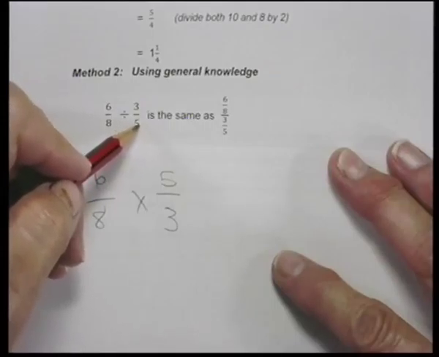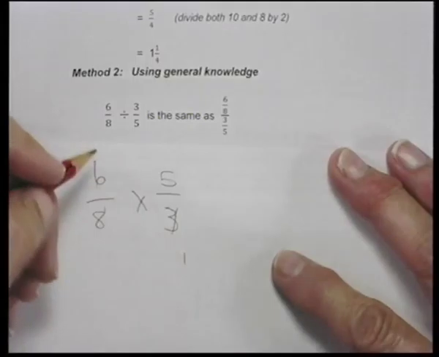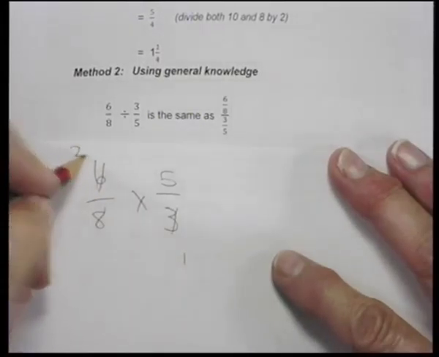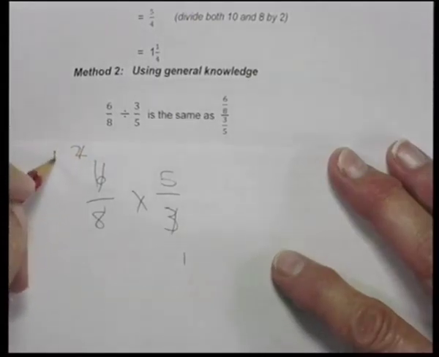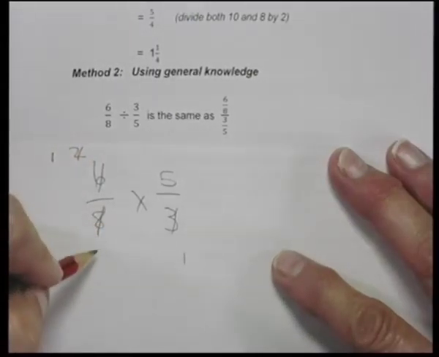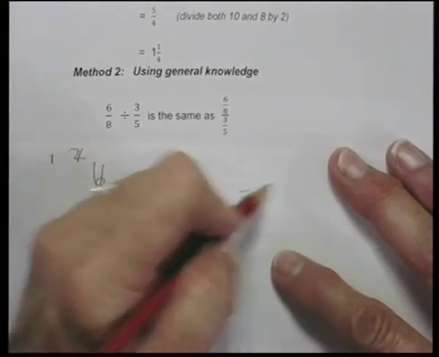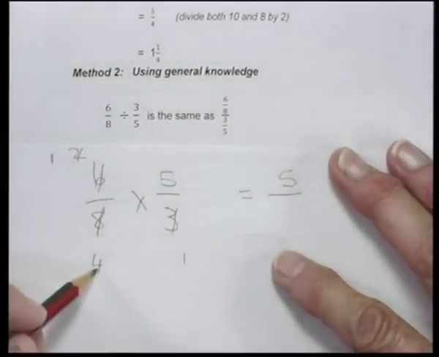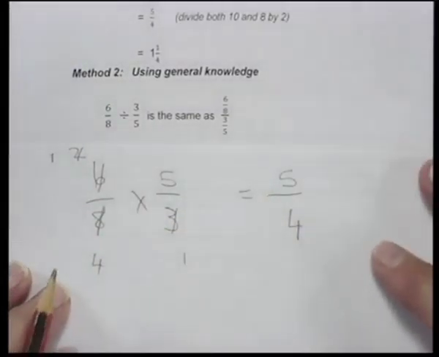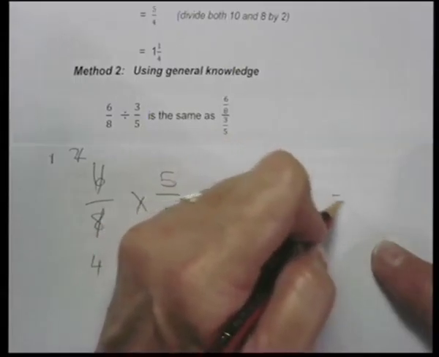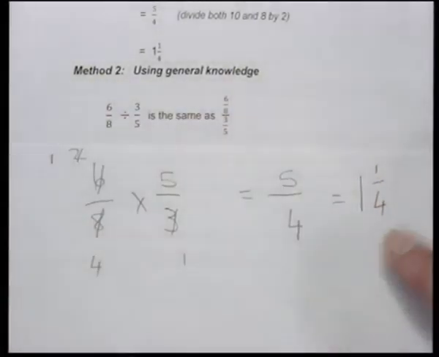So we just swap the 5 and the 3. 3 divides into itself 1 time and into 6 2 times. 2 divides into itself once and 2 divides into 8 4 times. So 1 times 5, which is 5, and 4 times 1, which is 4. 5 divided by 4. If we simplify, we have 1 whole and 1 quarter.